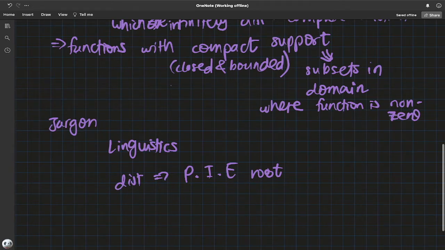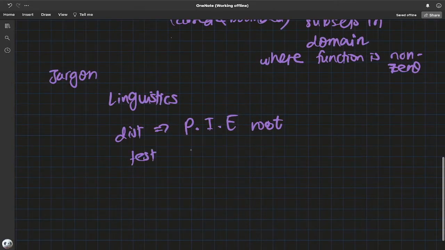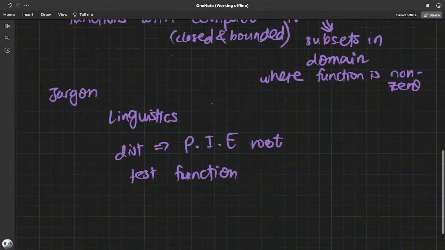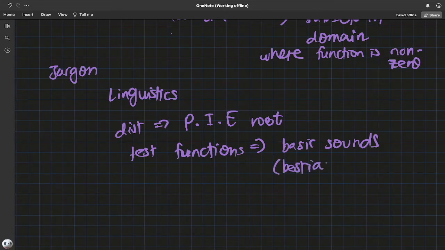Test functions, the counterpart for these domain points in this analogy, are those basic sounds that are bestial in nature, which form the basis of Proto-Indo-European.